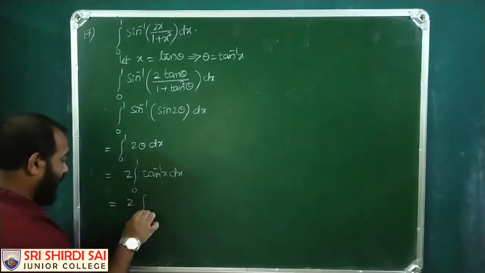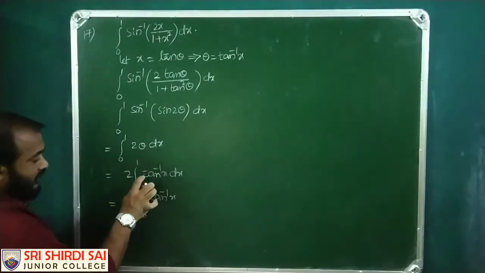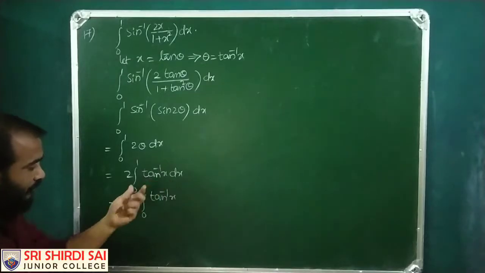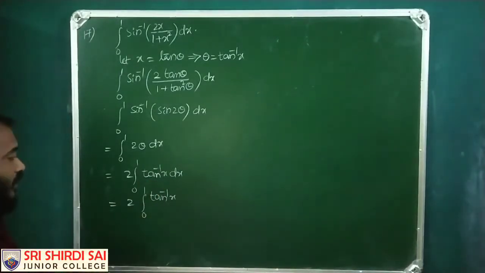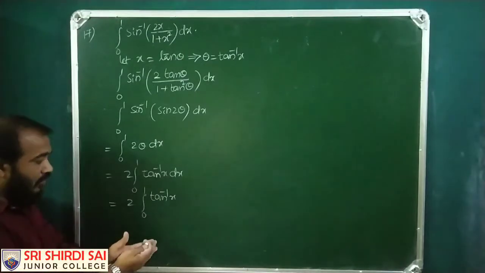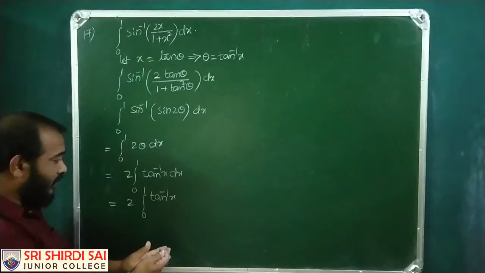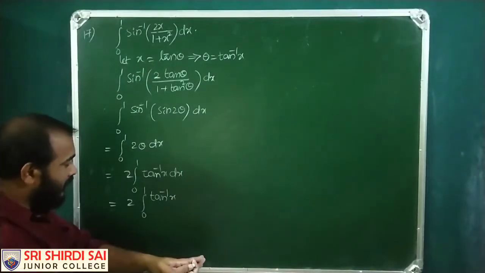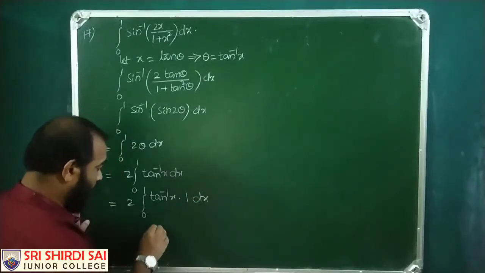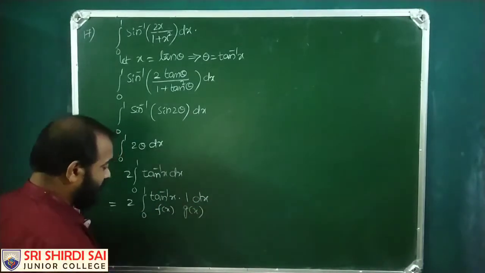So 2 integral 0 to 1 tan inverse x into 1 dx, since this method is to be used for special functions like inverse trigonometric functions, integral root of a square minus x square dx, and logarithmic functions, where the second function is treated to be unity. Now this is obviously the first function f of x and this is the second function.